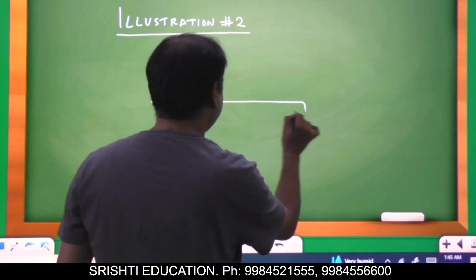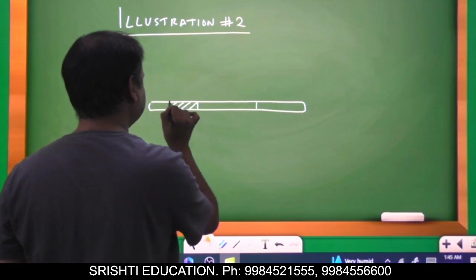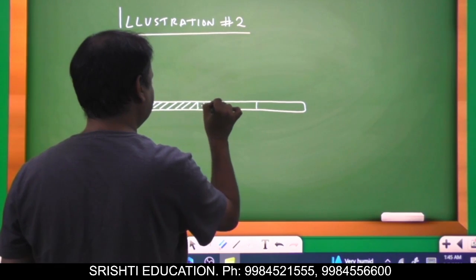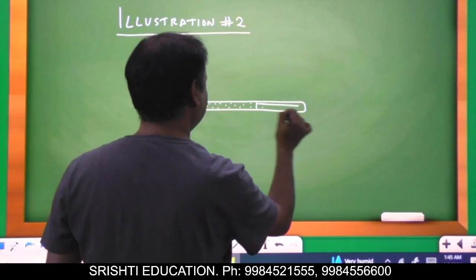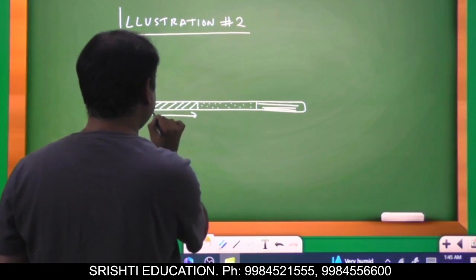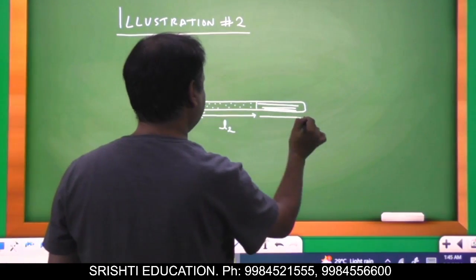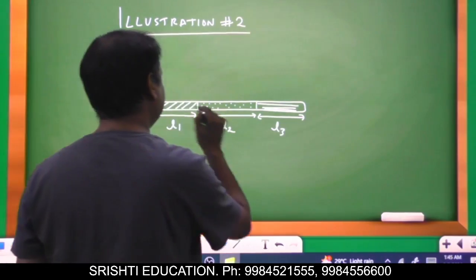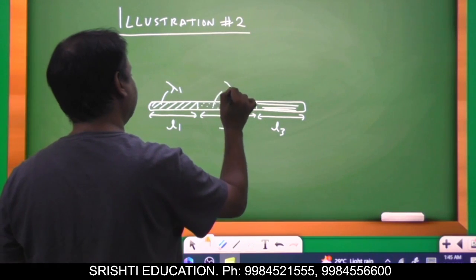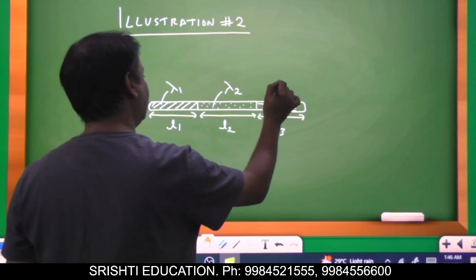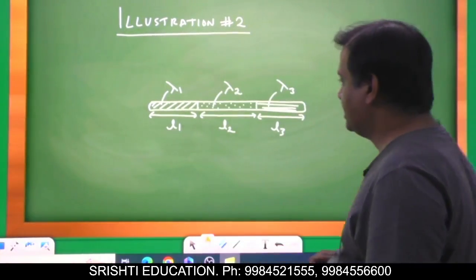Suppose I have a rod and the rod has 3 different segments. Okay, this length is L1, this length is L2, this length is L3, and in this segment the linear mass density is lambda 1, this segment has a linear mass density lambda 2, and this segment has a linear mass density lambda 3.